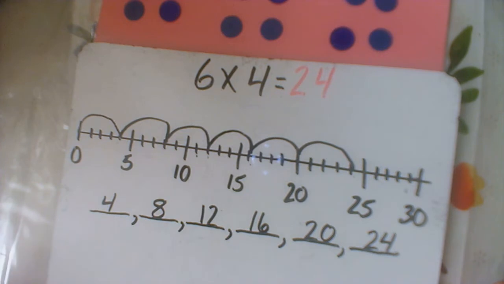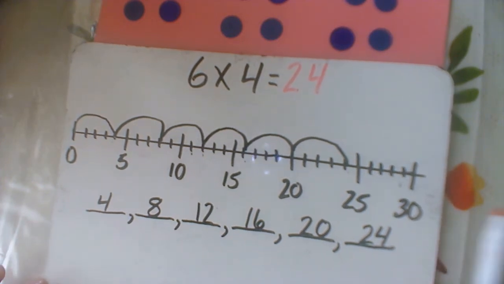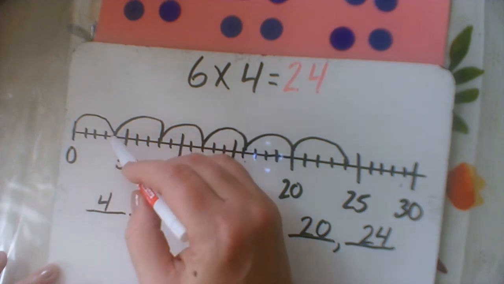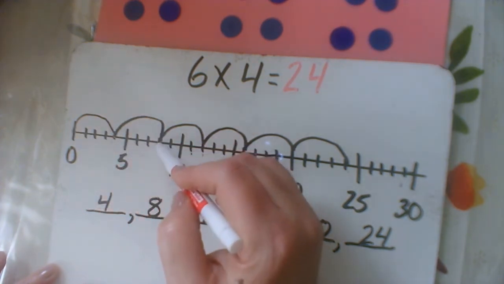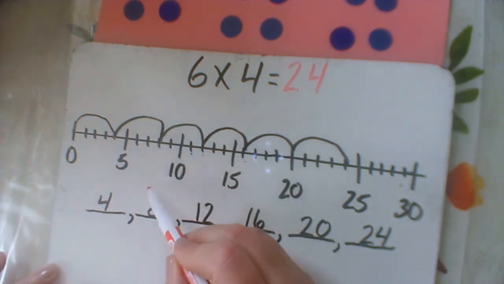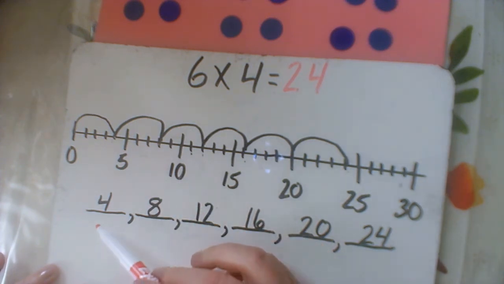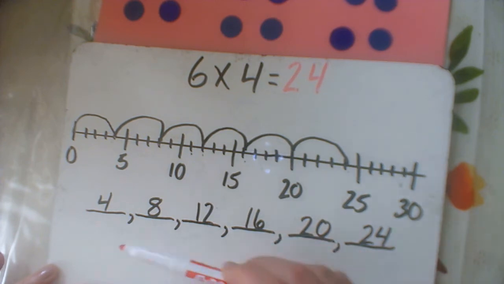And as you can see, this is so closely related to the repeated addition. Really what we're doing is we're adding 4, and then we're adding 4 more and 4 more. 4 plus 4 is 8, plus 4 is 12. So instead of writing the repeated addition, we're writing the skip counting pattern this week.